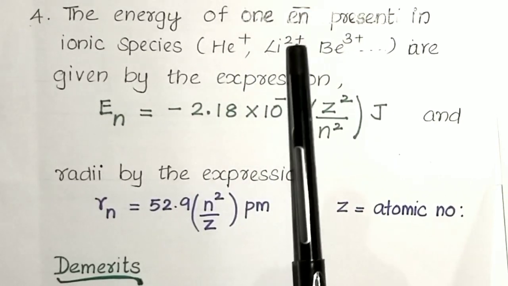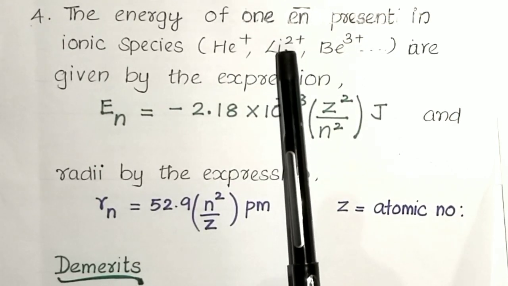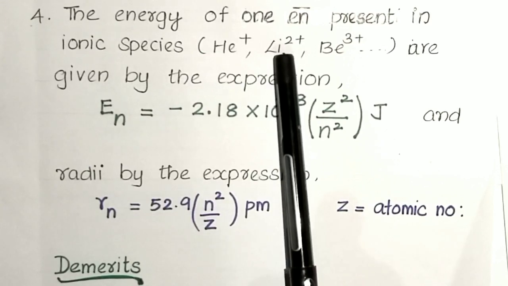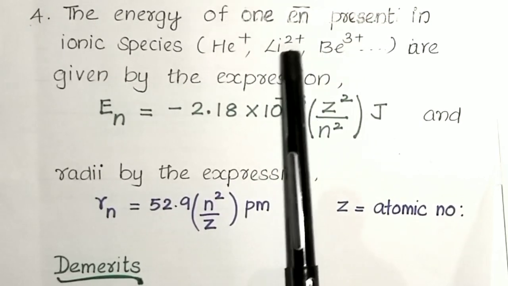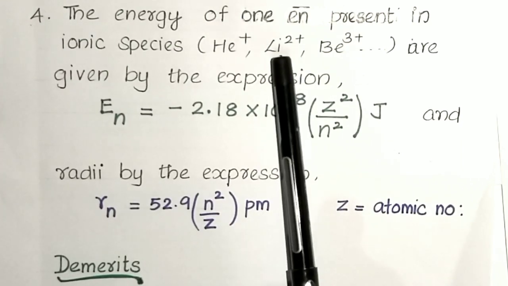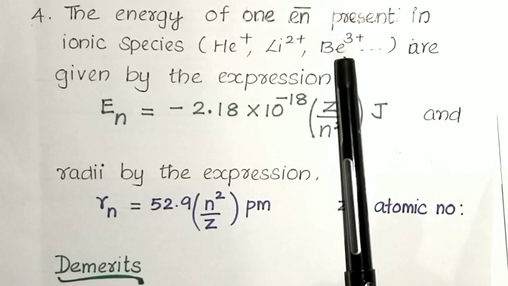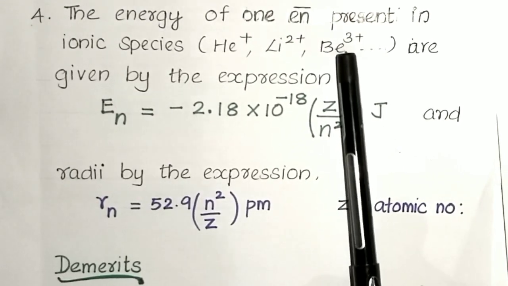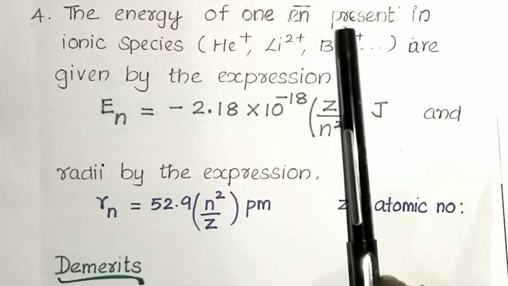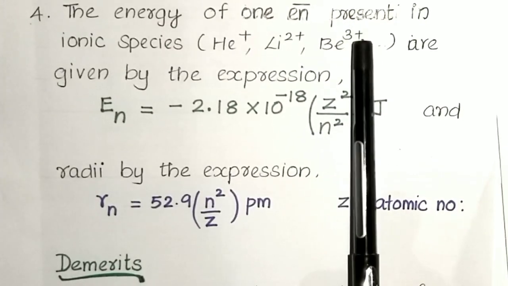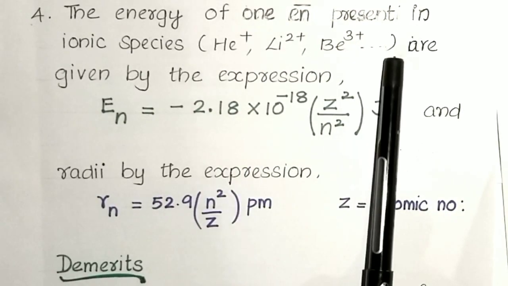The next one, Li2+ ion, lithium atomic number 3, that means 3 electrons are present in the lithium atom, then 2 electrons are removed, so Li2+ also consists of 1 electron. Then Be3+, beryllium atomic number 4, consists of a total of 4 electrons. Out of this, 3 electrons are removed, so this Be3+ also consists of 1 electron. So these are 1 electron species.